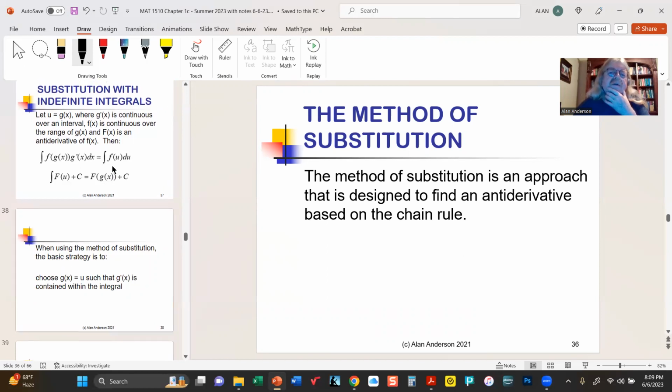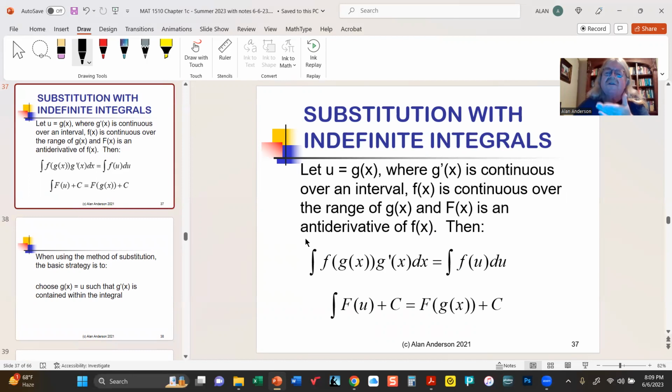What you're seeing here is the logic behind what we're trying to do. What you're basically doing is taking part of your integral and replacing it with the variable u. Then with that in place, you can convert the dx part into du.